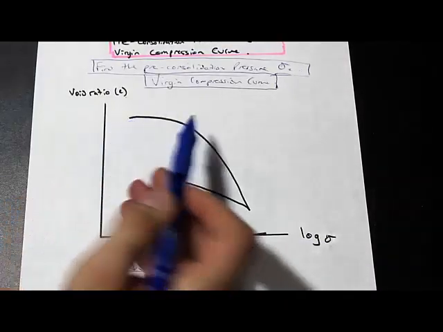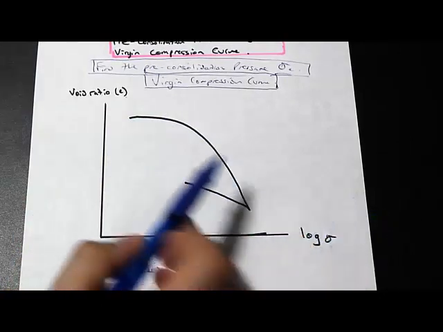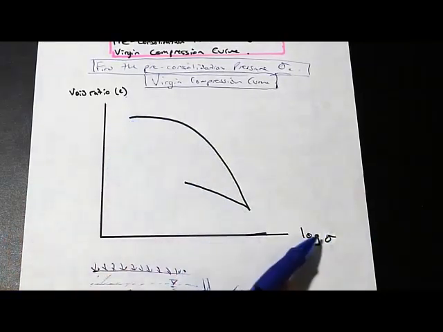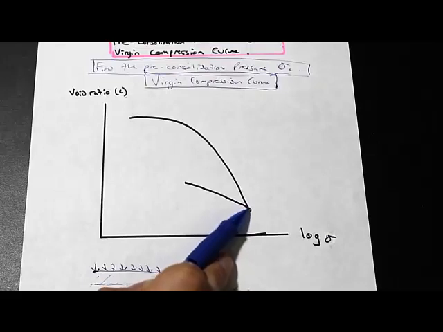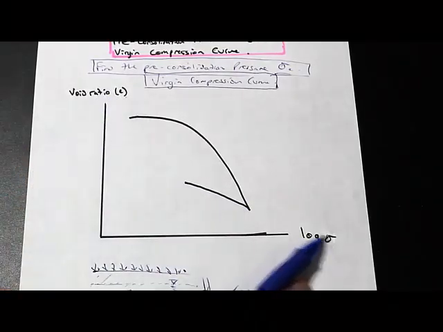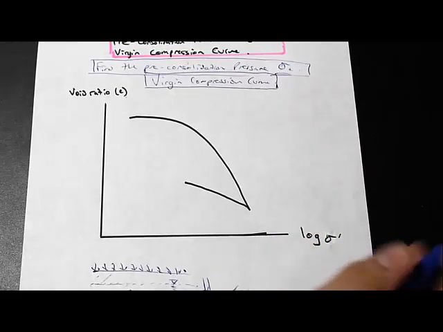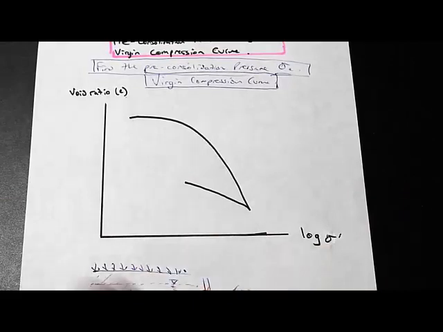As we're loading, the void ratio is decreasing, and as we get to the unloading phase, this is called the rebound curve. As we unload slowly, we measure how it affects the void ratio and the effective stress relationship. Actually this is sigma prime, so it's the effective stress.